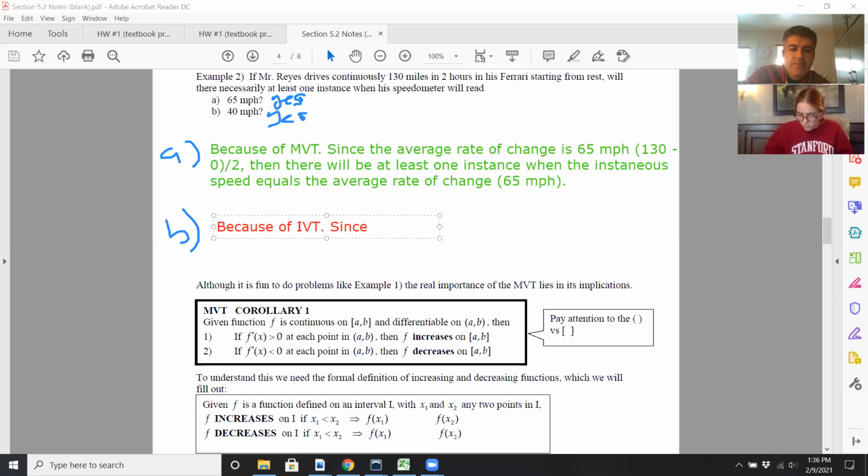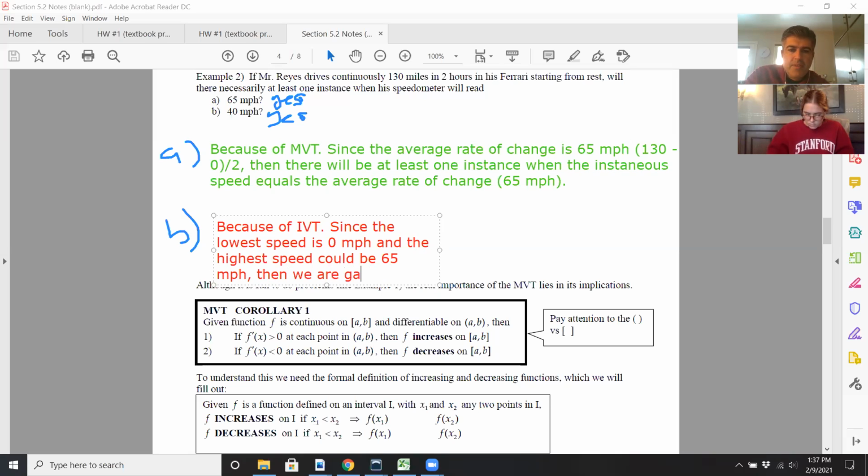And since the lowest speed is 0 miles per hour, and the high speed could be 65 miles per hour, then we are guaranteed all values in our interval.